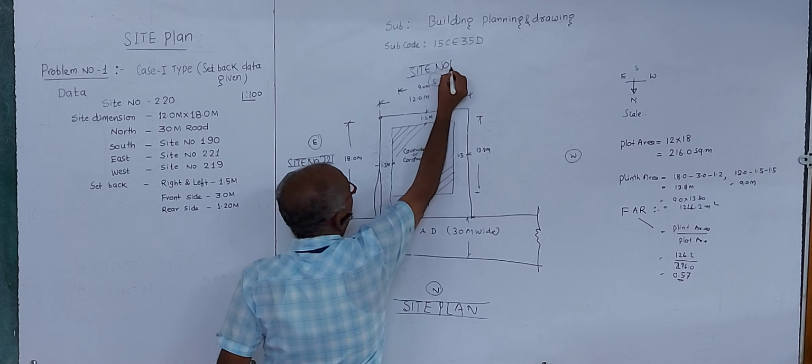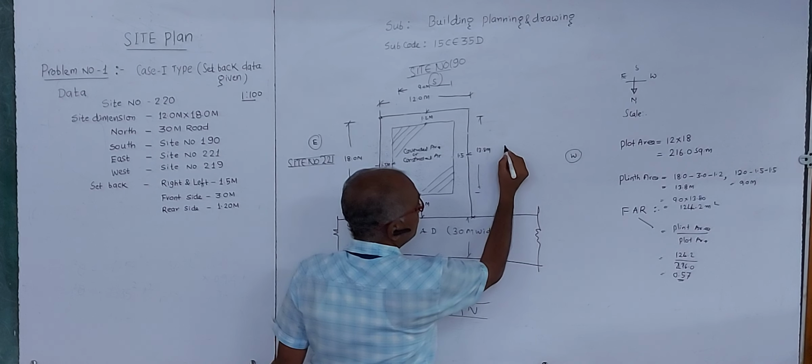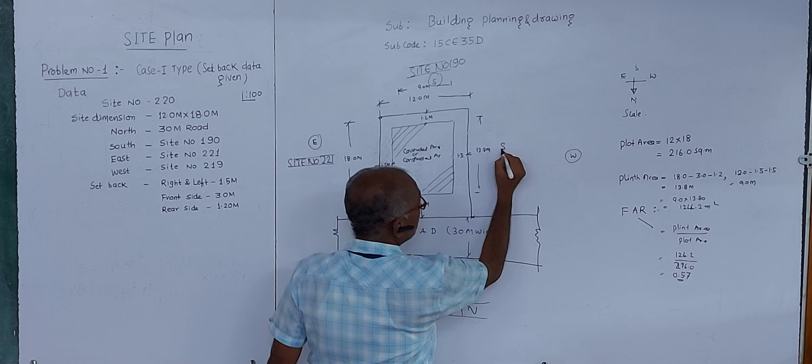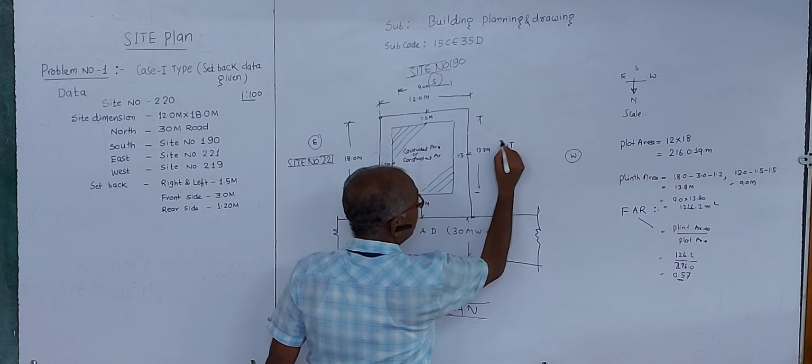Then the west side site number is 219. Again you have to take two lines, site number 219, and the north direction is road.